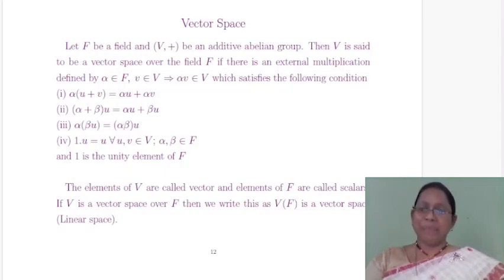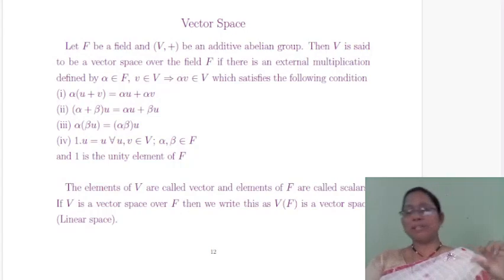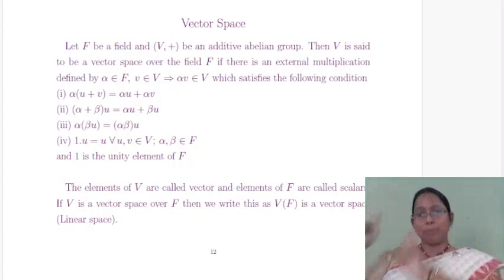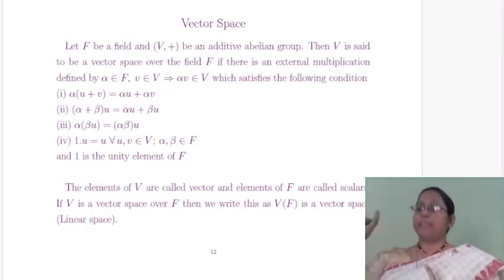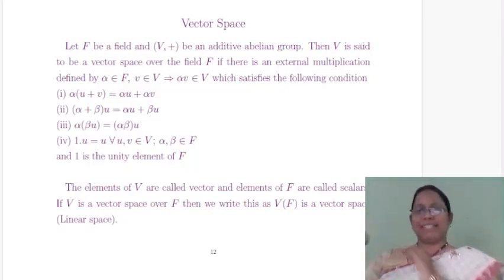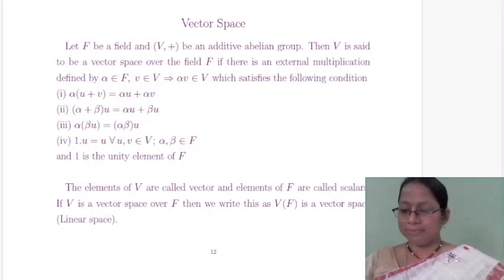Here it is the same, as our field is a general field, so we consider plus only as the notation to denote the binary operation. So if a, b, c are any three elements of V, a plus (b plus c) is equal to (a plus b) plus c. So this is the property of associativity.